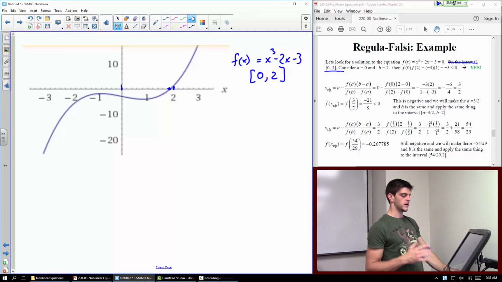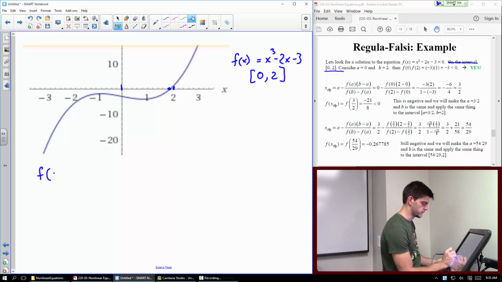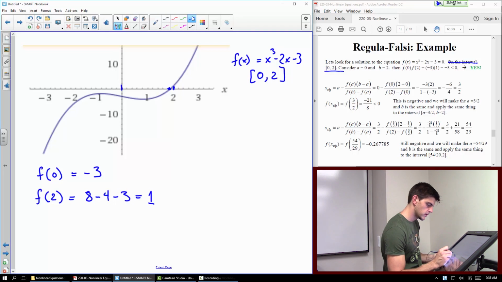But in order to verify without a plot that this will bracket our solution, let's go ahead and plug 0 in and also plug 2 into our function. F of 0 is equal to negative 3, and f of 2 is equal to 8 minus 4 minus 3, which is equal to 1. F of 0 times f of 2 is a negative number.